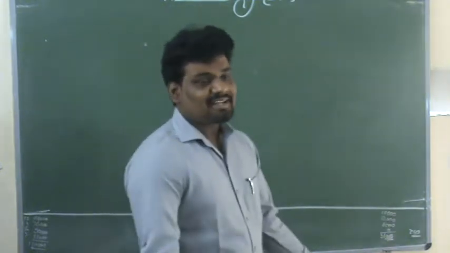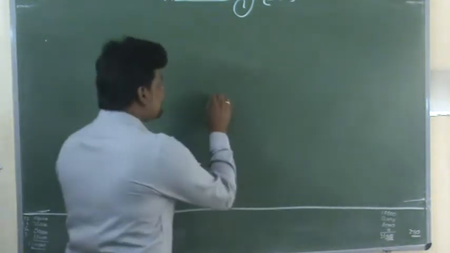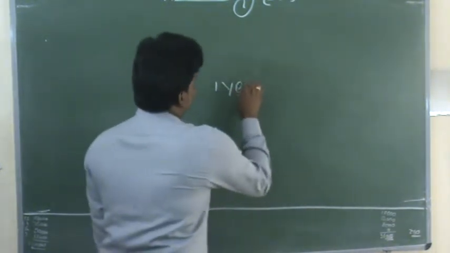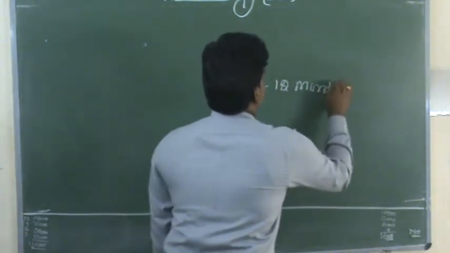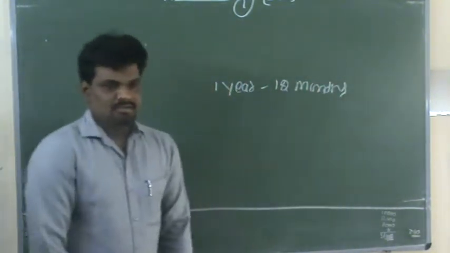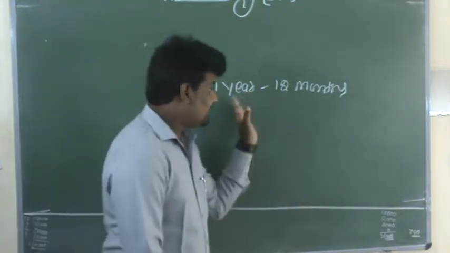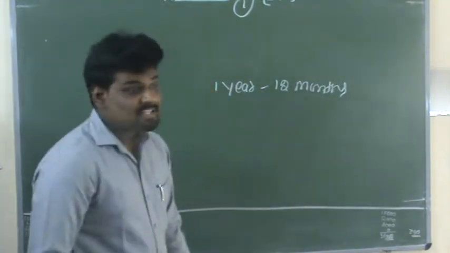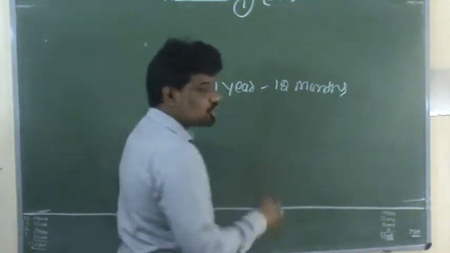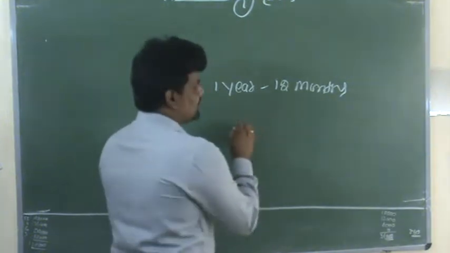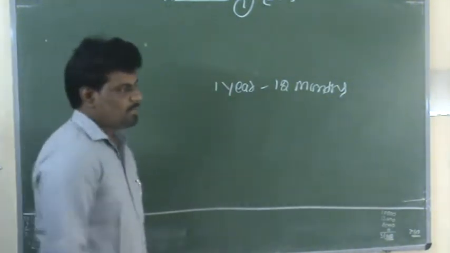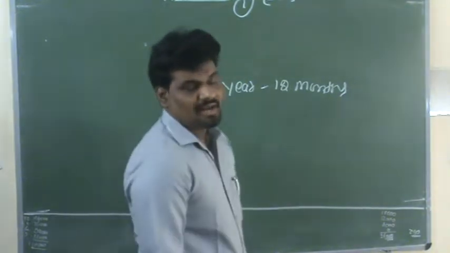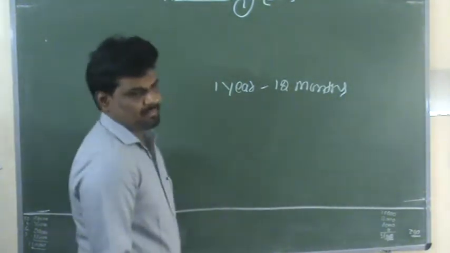First of all, quarterly is nothing but: 1 year equals 12 months. That 12-month period we can call 4 quarters. There are two kinds of assessment years, from April to March, as well as from January to December.